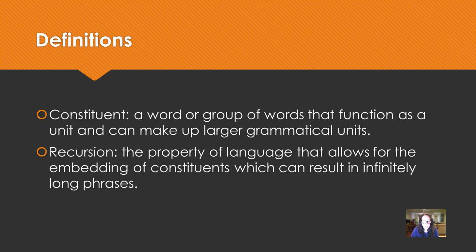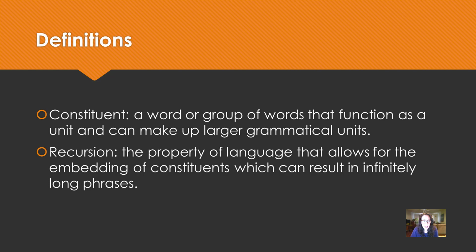And that brings us to the idea of recursion. The idea of recursion is that there are structures that can be found inside of other structures. So for example, we could have a noun that might be something like the book on the table, and so the whole thing is a noun phrase, and then that's made up of two constituents, a noun, the book, and on the table, a prepositional phrase.